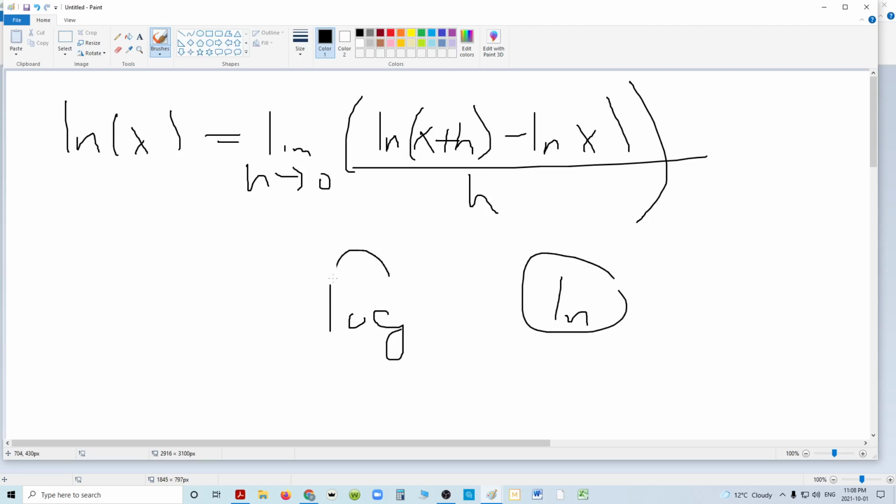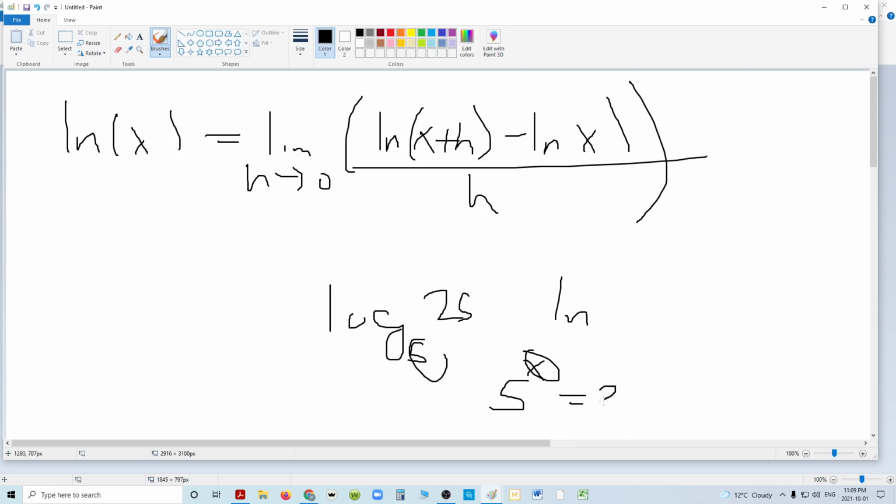Ln is simply the natural log. Ln is log base e of whatever value here. And if you've got to look back, if I have log base 5 of 25, what it's asking is, what exponent do I have to put on 5 to equal 25?